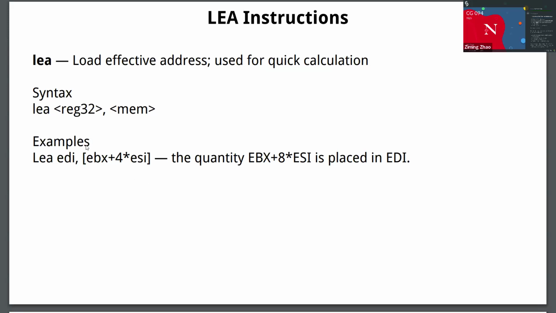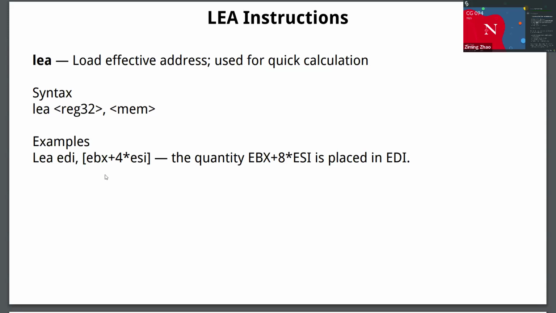Yeah, we don't have an instruction to do that. If you want to do something like that, you need two instructions. We don't even have an instruction to do EBX plus 4 times ESI and move to another register. That's why this instruction serves that purpose.